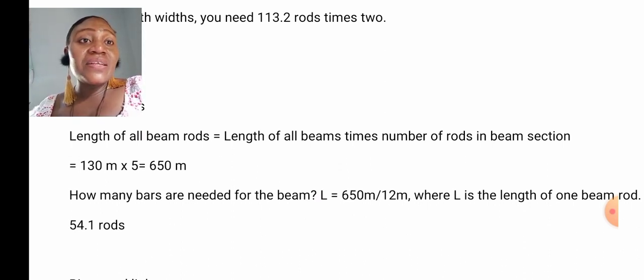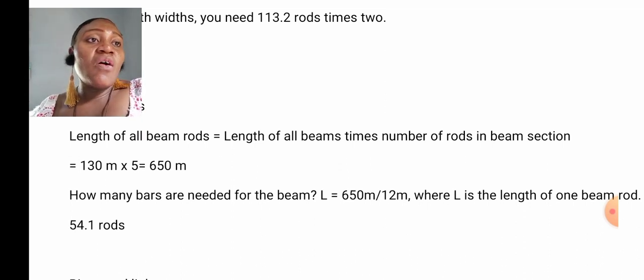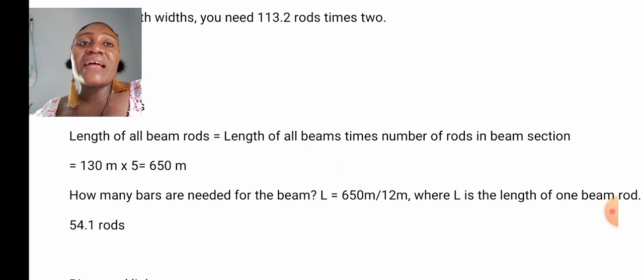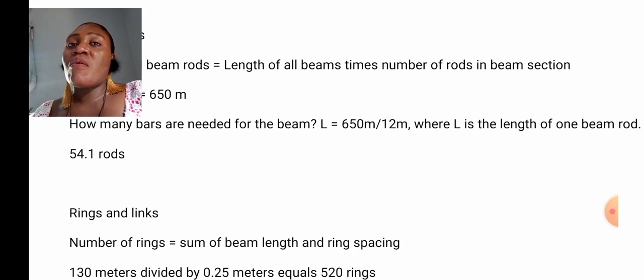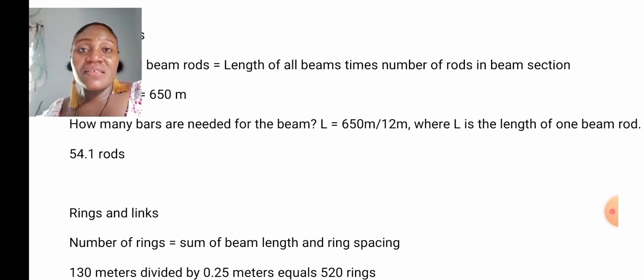Length is 650 meter, as I've worked above, divided by the 12 meter length of the beam rod, and that will give us 54.1 rods for that.